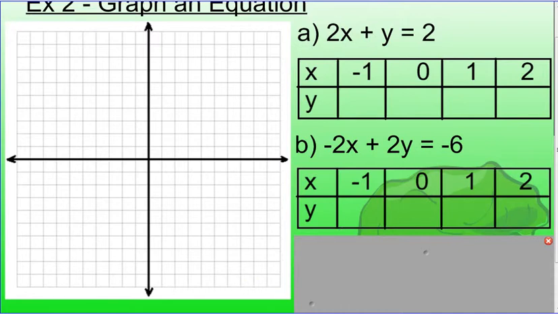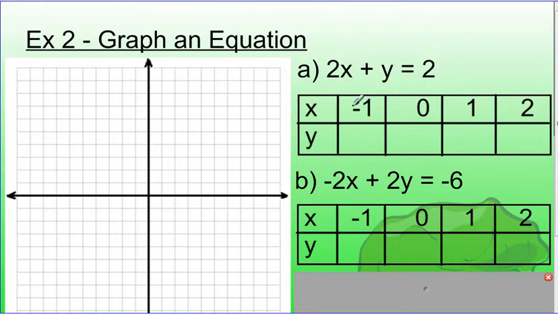The way I find to be easiest is actually to solve for the y variable by itself. So watch this. I'm going to minus 2x, minus 2x. What I would get if I subtract 2x here, I get y equals negative 2x plus 2. This equation is going to be easier to plug this information into.